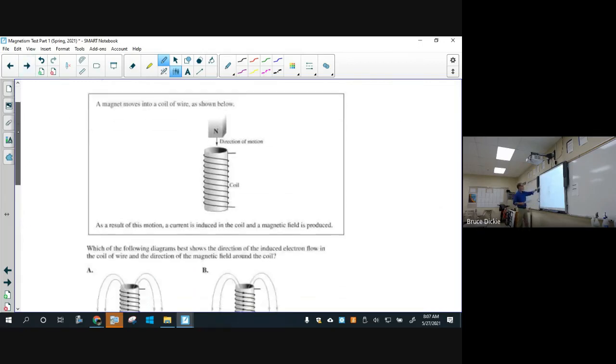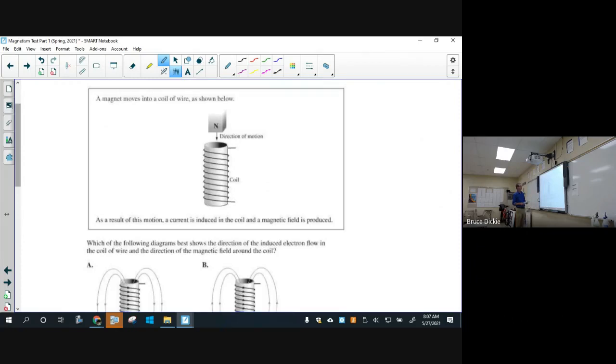Next one. A magnet moves into a coil of wire shown below. As a result of this motion, a current is induced in the coil and a magnetic field is produced. This is the Lenz's law thing. If you remember, we said that in Lenz's law, we have a magnetic field number 1. That would be this magnetic field right here. Magnetic field number 1 is going to cause an electric current.